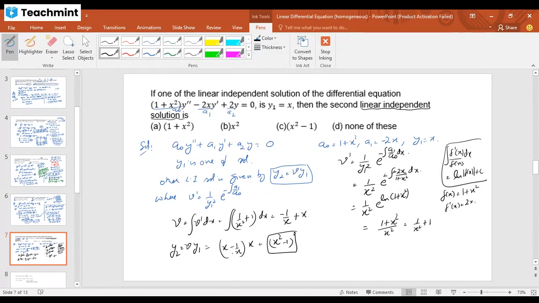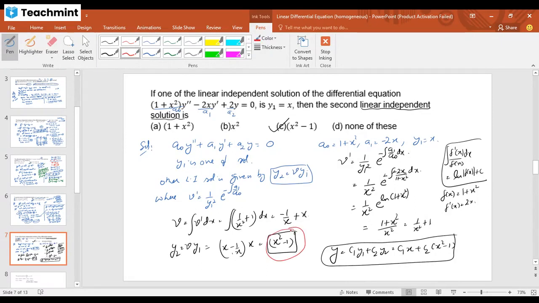So the other linearly independent function is x square minus 1. Otherwise, the general solution will be c1 y1 plus c2 y2, that is c1 into x plus c2 into (x square minus 1). This is the general solution of the differential equation. But we are interested only in the other linearly independent solution, which is simply x square minus 1.